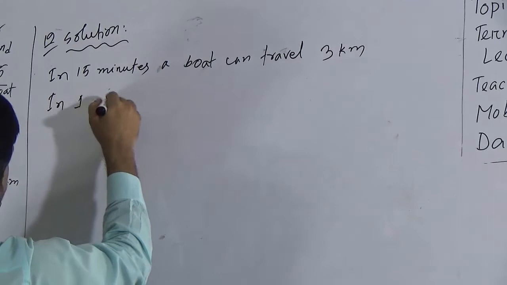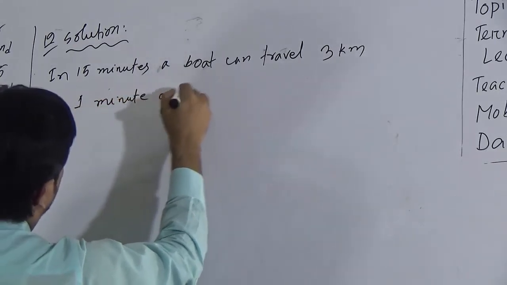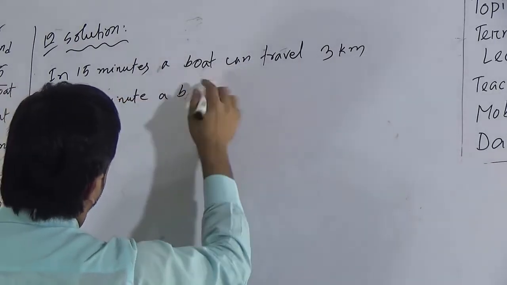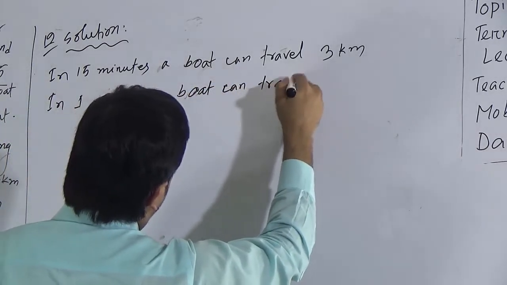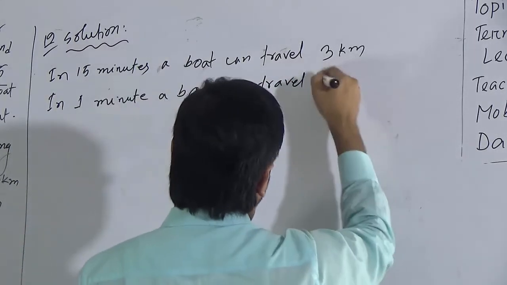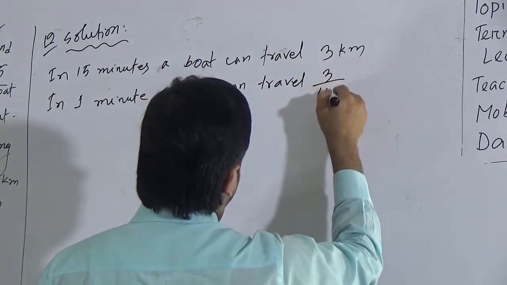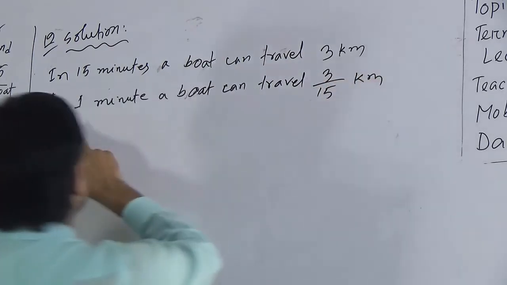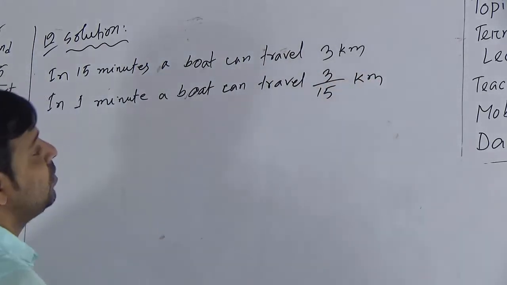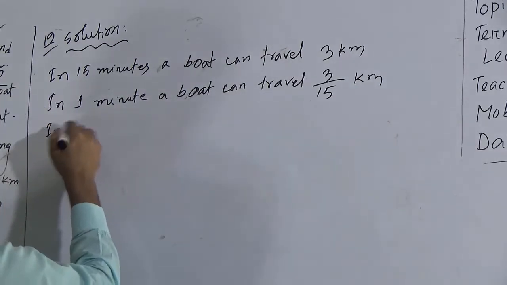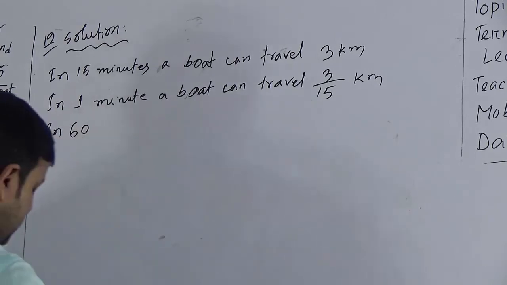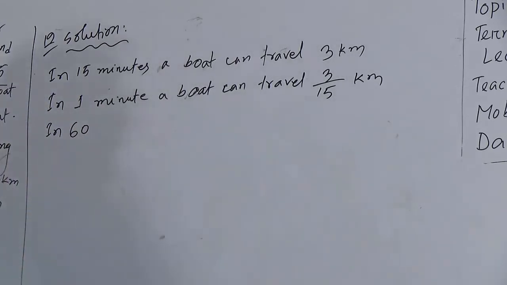In 1 minute a boat can travel 3 by 15 km. As time is less, so the distance also will be less. Now again in 60 minutes, as we need to determine the speed, we can determine the speed in kilometer per hour, and 1 hour equal to 60 minutes we know.